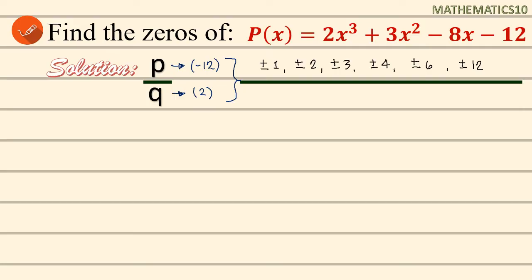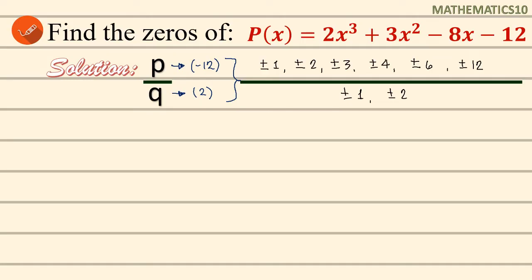So if there's no remainder, automatically you may conclude that that particular number is a factor of the given number. Next, what are the factors of 2? Of course we have positive and negative 1 and positive and negative 2.